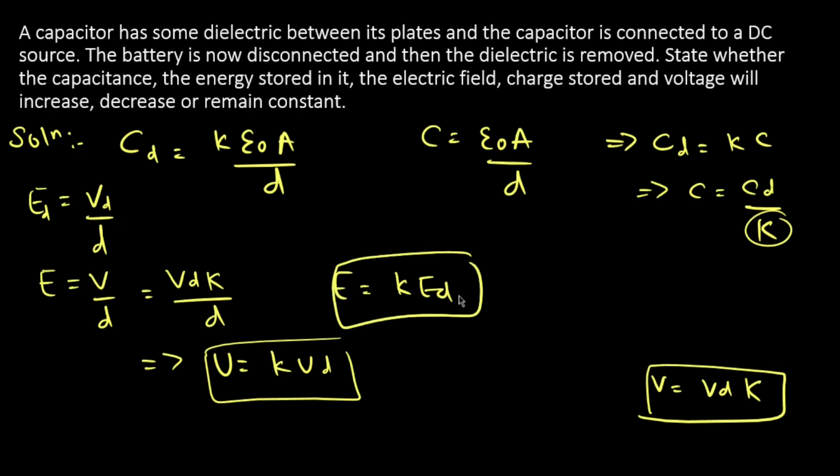That is, when dielectric is removed, the electric field is also increased by a factor of K. So these were the conclusions that we made. I hope you understood this sum. Let's look at the next sum.